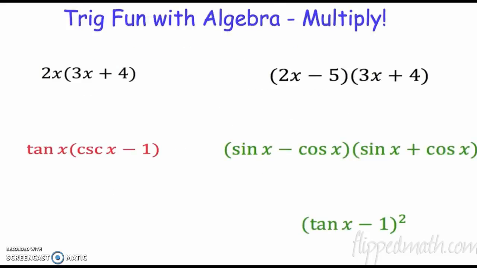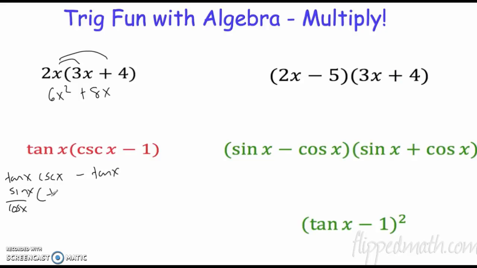All right. Let's have a little bit of fun with trig now. Do these pretty quick. Let's review. Just going to distribute. 6x squared plus 8x. It doesn't change much. Tangent x times cosecant x minus tangent x. Of course, now, can I simplify this? Well, this is sine x over cosine x.